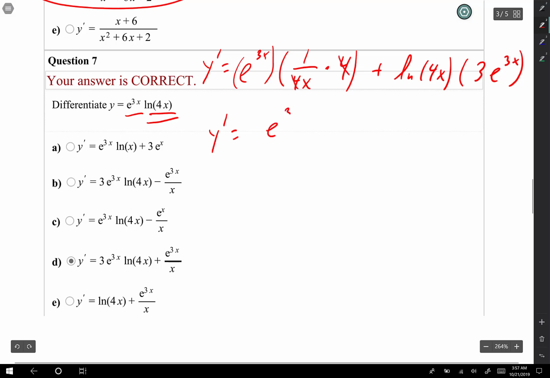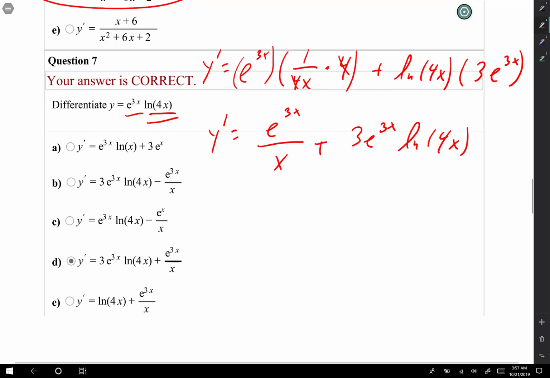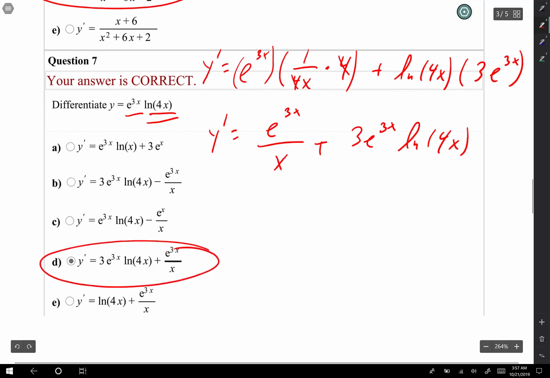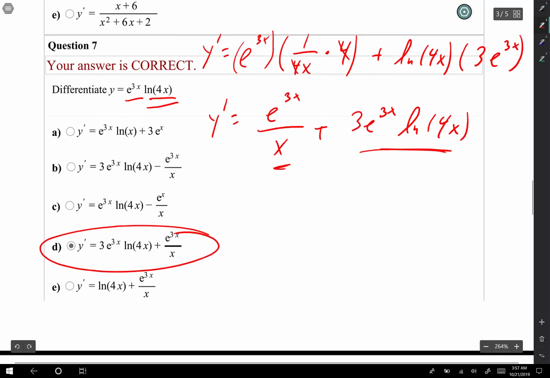So you have e to the 3x over x plus 3e to the 3x ln of 4x. And we look for it. Here it is. They put this guy in the back and this guy in the front. All right, let's go to the next one.